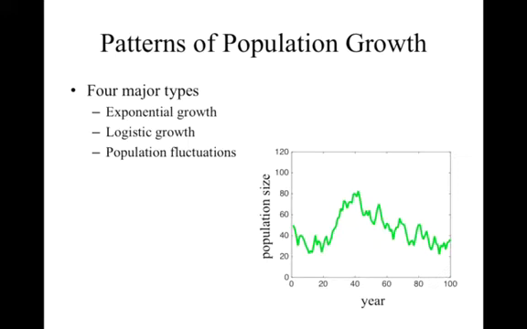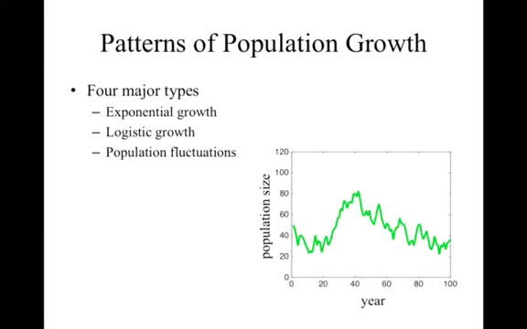So one is population fluctuations. This happens for a number of reasons, both internal to the population and external. We'll talk about that in a few slides. But basically, population fluctuations are where you have these wild swings in the population size. It's not going up constantly at a rapid rate. It's not going up at a rapid rate and then slowing down. It's just bouncing all over.